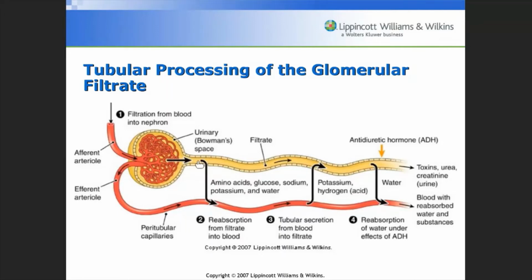That's the maximum, 125 ml, which is equal to its filtration rate per minute. In that case, let's say inulin: if you have inulin in the blood, inulin is removed from our bodies at about 125 ml per minute because inulin is not getting reabsorbed, and it's not getting secreted.